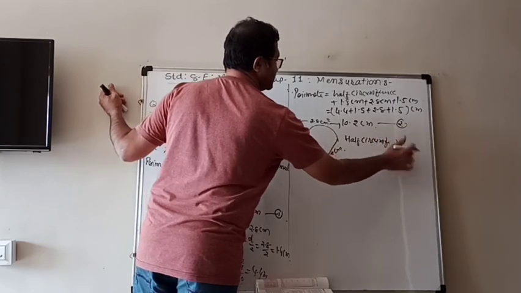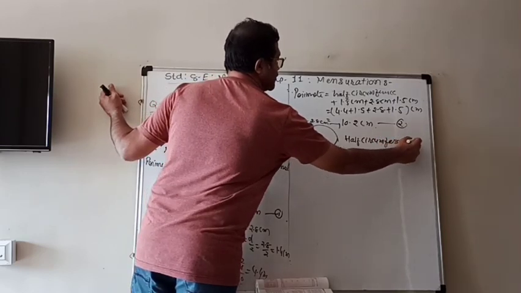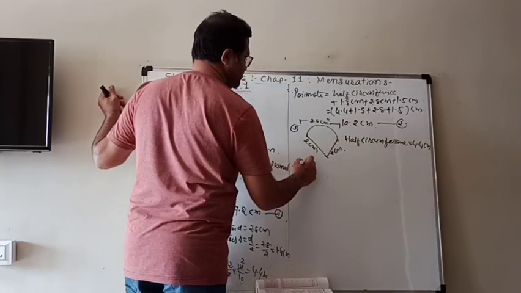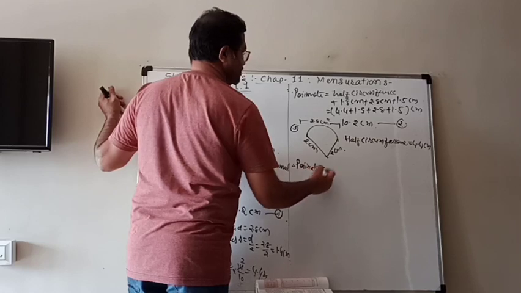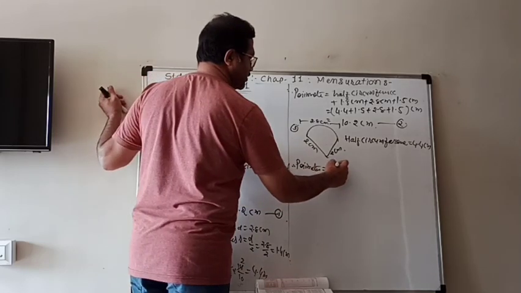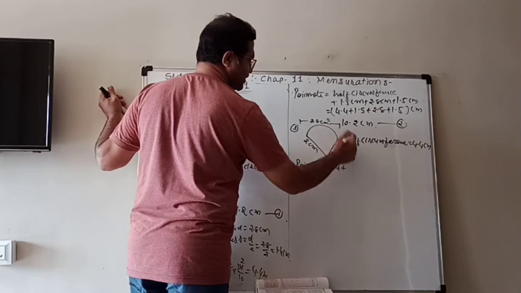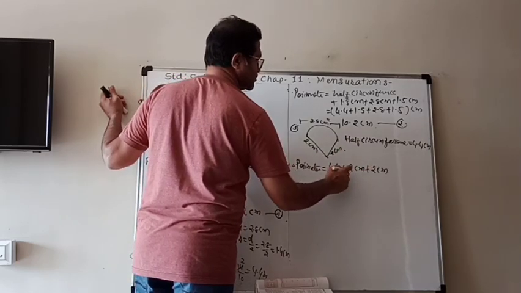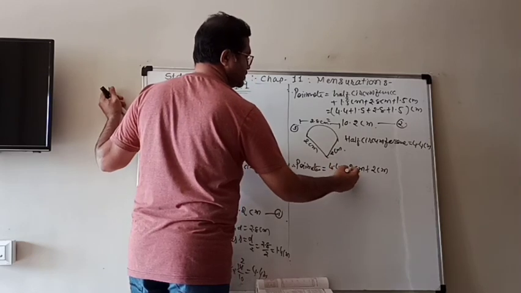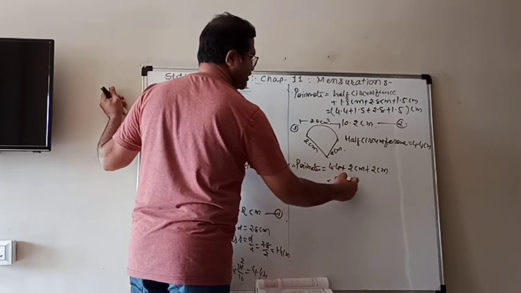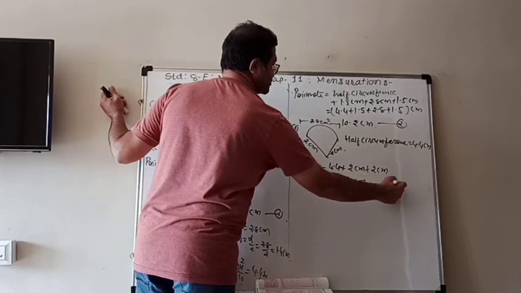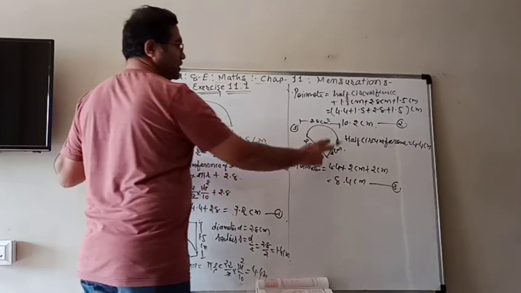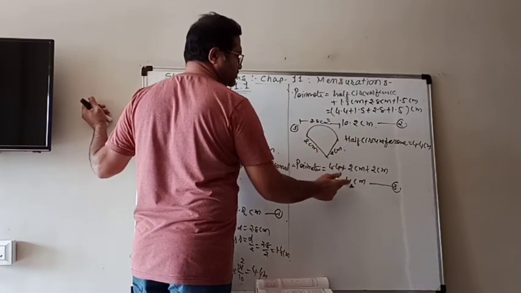We are not going to find it again. 4.4 centimeter. Therefore perimeter is equal to 4.4 plus 2 centimeter and 2 centimeter. So that is 8.4 centimeter.